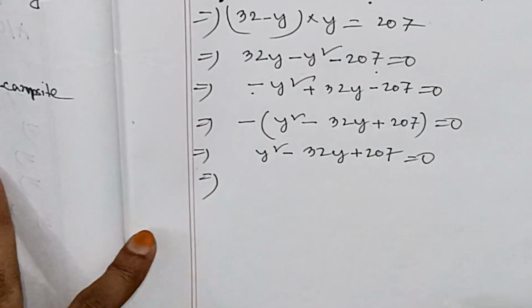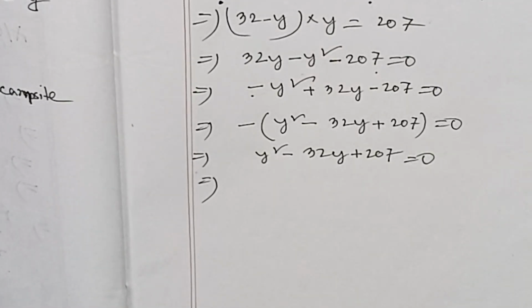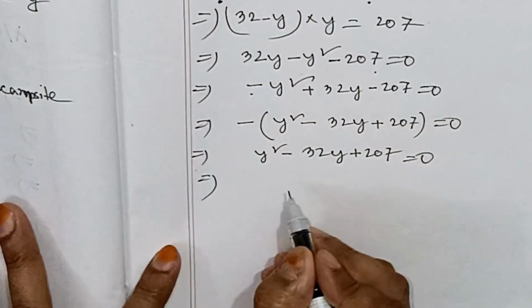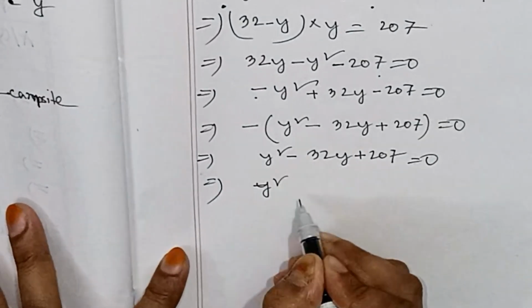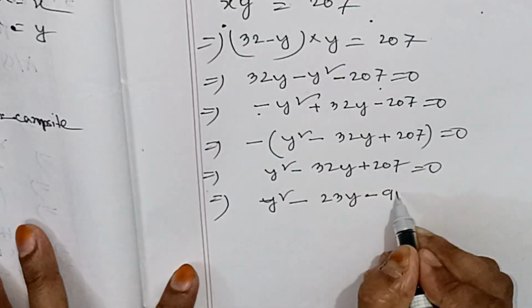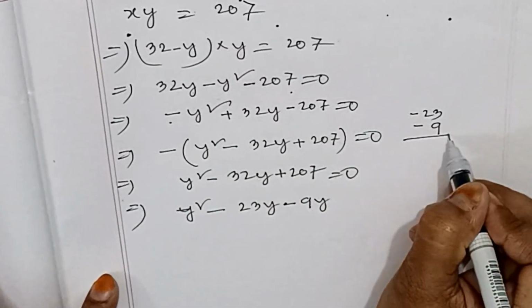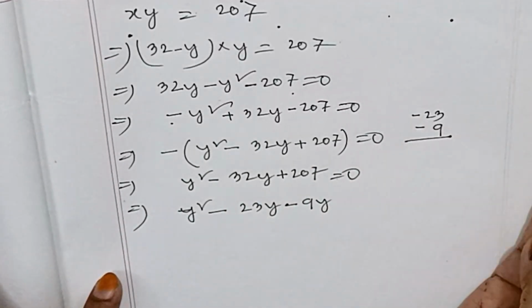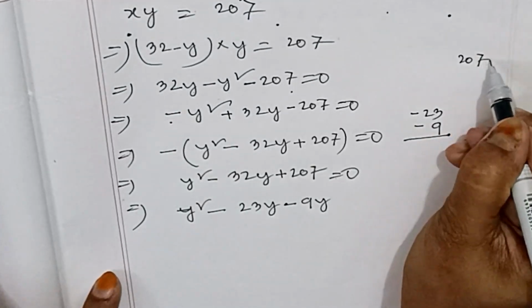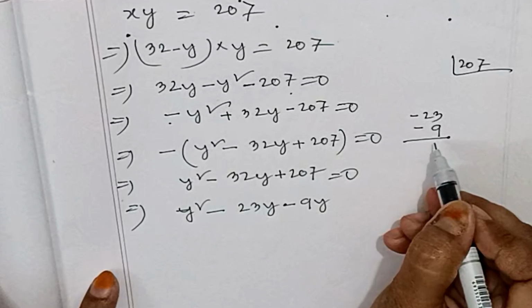So now calculation: 207 divided, 23 times 9. Okay, fine. So y square minus 23y minus 9y. 23 and 9 added make 32. We first factorized 207, then we got here 23 and 9.